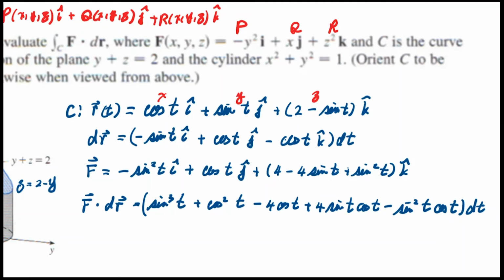Do any of them combine? I can't believe we don't have any like terms. This is horrible. Okay. In that case, instead of copying that thing, I was hoping that some of them will cancel.